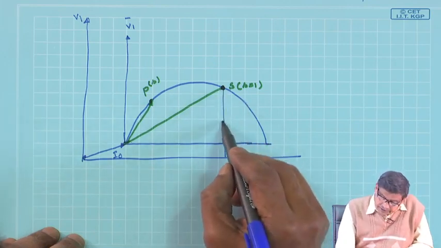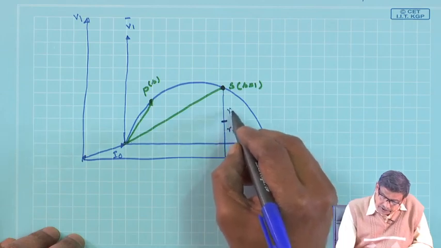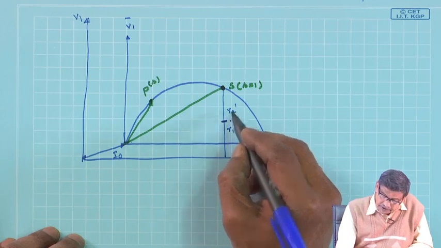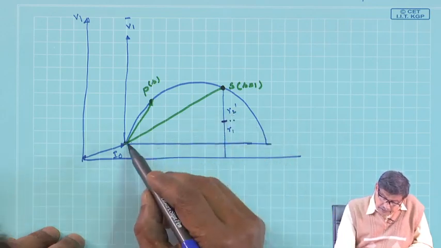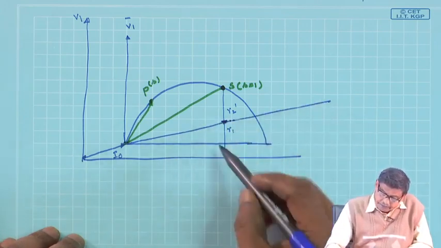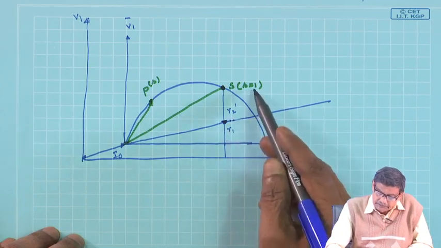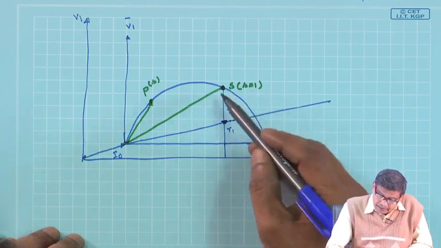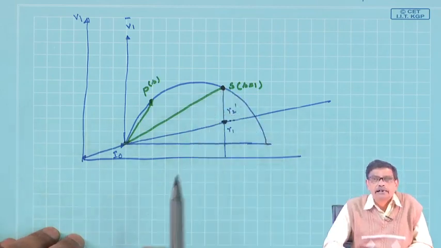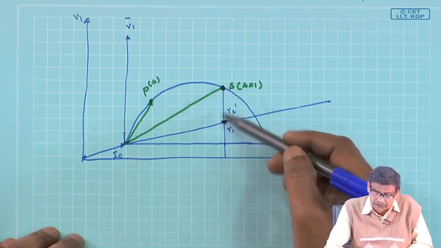If you divide this segment in the ratio of R1 to R2 dashed, and draw a line passing through this point, then this length will represent the stator copper loss at standstill condition, and the remaining power is the air gap power. At standstill condition, of course, that total air gap power will be lost as rotor copper loss.